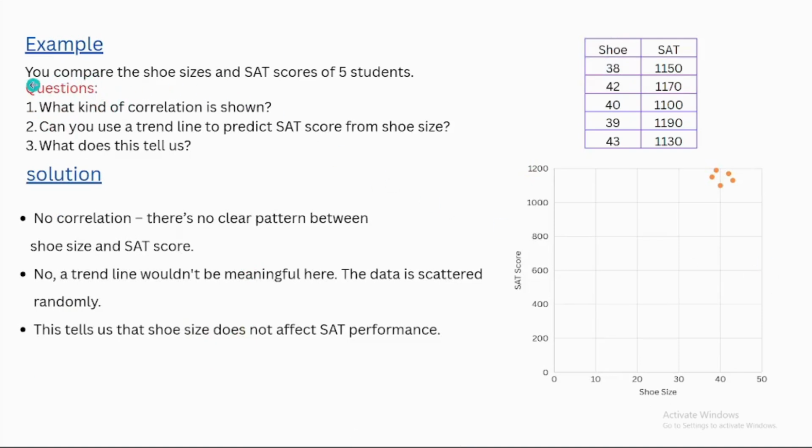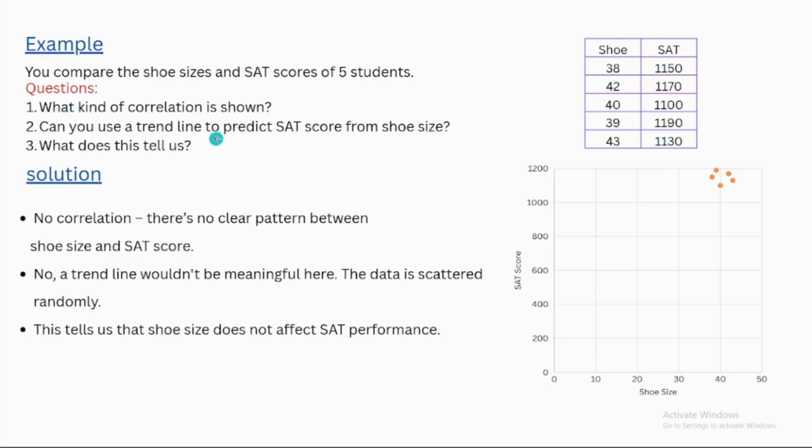The third example: you compare the shoe size and test score of 5 students. This is the shoe size: 38, 42, 40, 39, and this is the score. The question: what kind of correlation is shown? No correlation. There is no clear pattern between the shoe size and the test score.